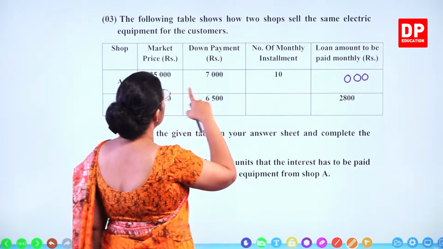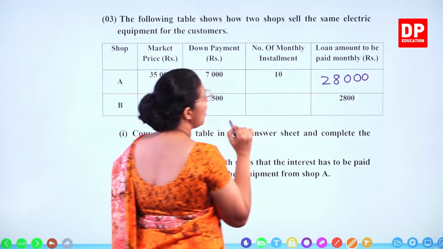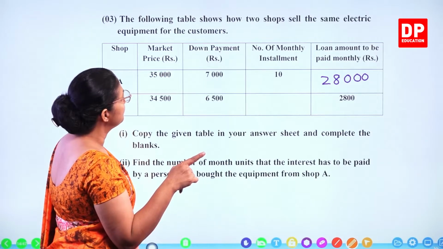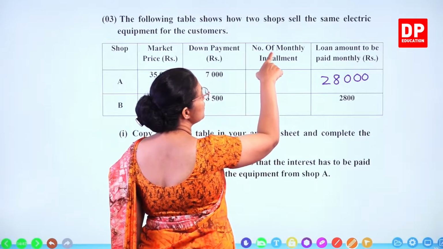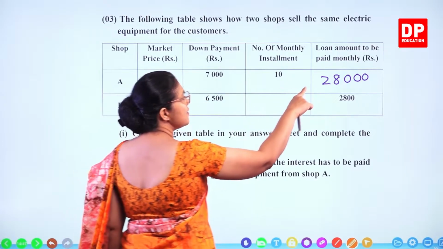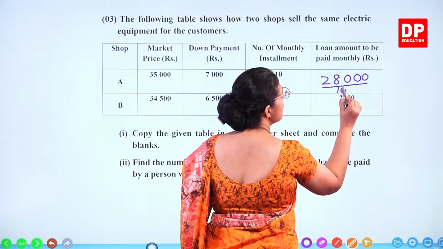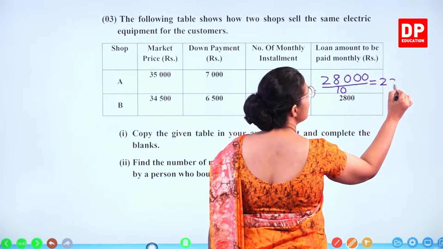Then 8 and 2. 28,000 is the loan amount to be paid. Monthly, you have to divide by 10 as well. This is the amount for 10 months. So you have to divide by 10. So what's the answer here? You get 2,800.